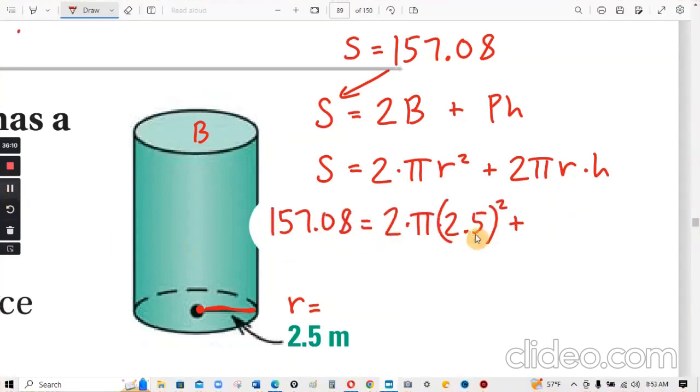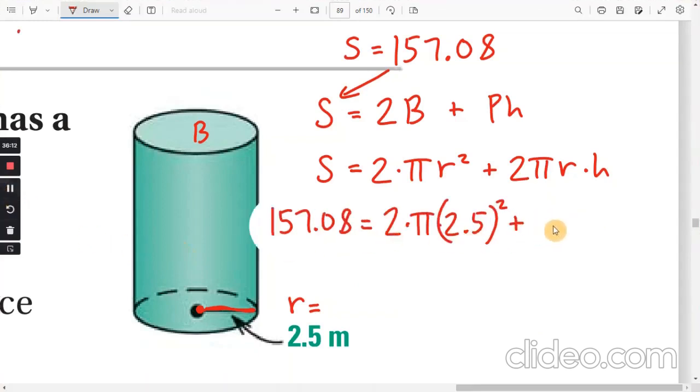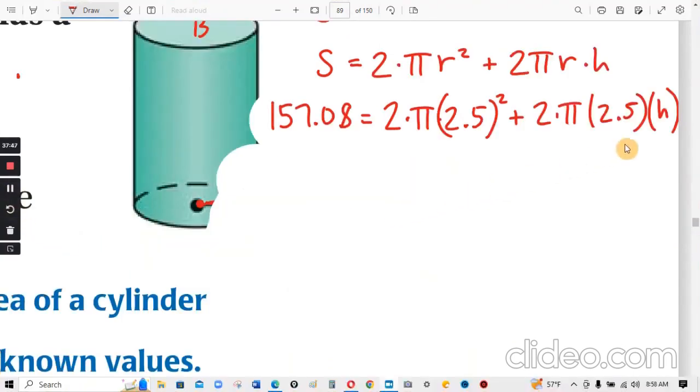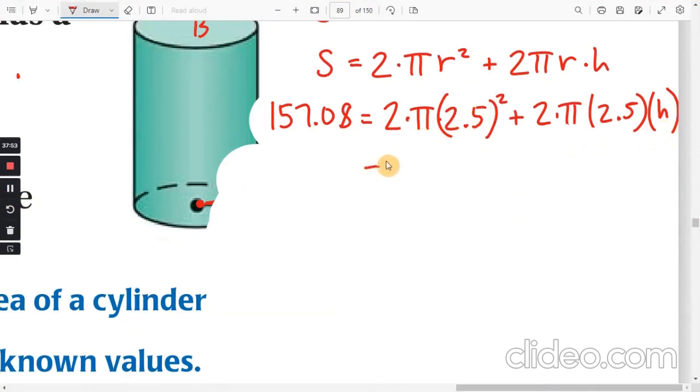And that's going to be plus 2 times pi times the radius, which is 2.5, times the height h. Okay, we're solving for h. I want to get rid of this. I'm going to subtract this from both sides. So that's going to be minus 2 times pi times 2.5 squared.